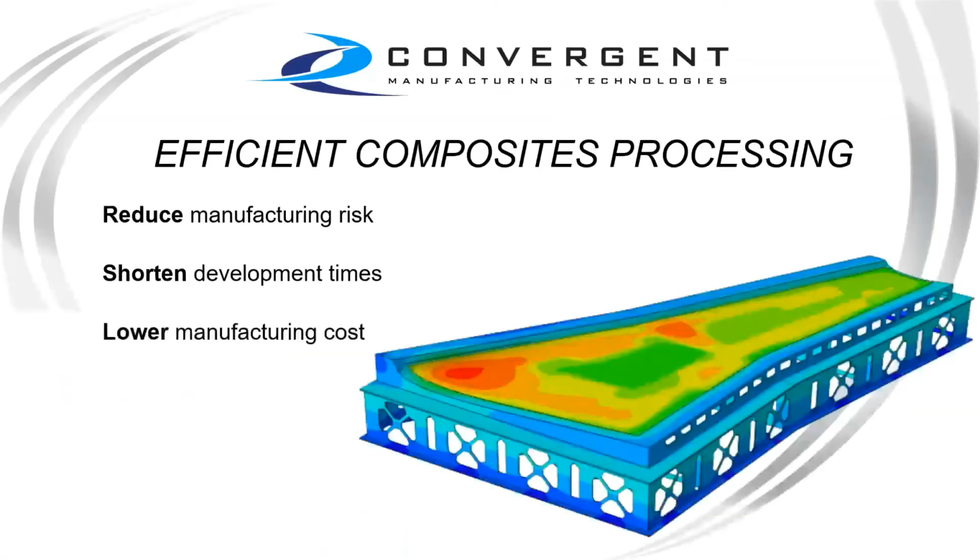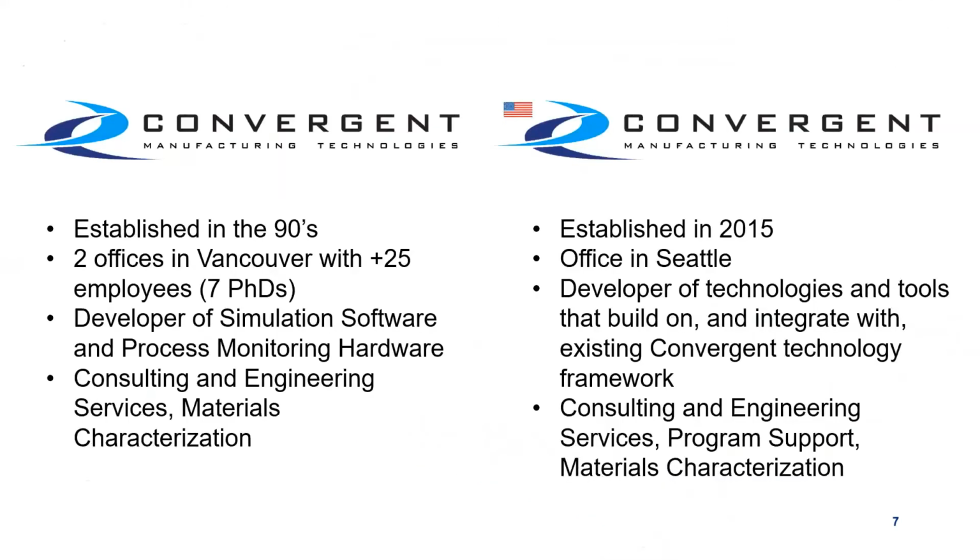So I'll go through the intro to Convergent. Who are we? We talk about efficient composites processing, but really what we're trying to do is reduce risk and shorten development times. This is giving you the tools to lower your costs through simulation and limited experimentation versus all experimental work. Convergent here in Canada was established in the late 90s, and we have 2 offices with over 25 employees.